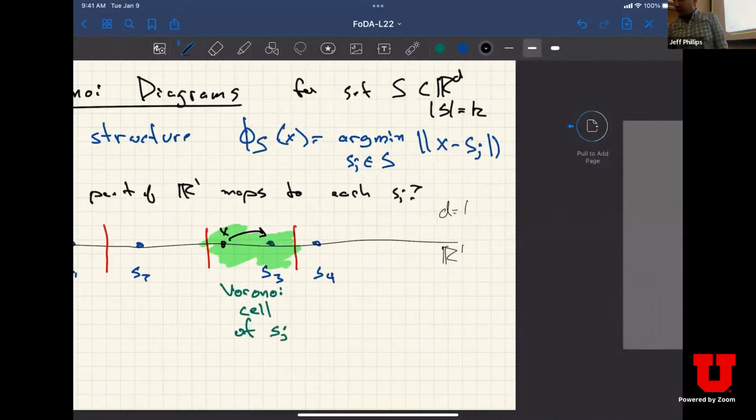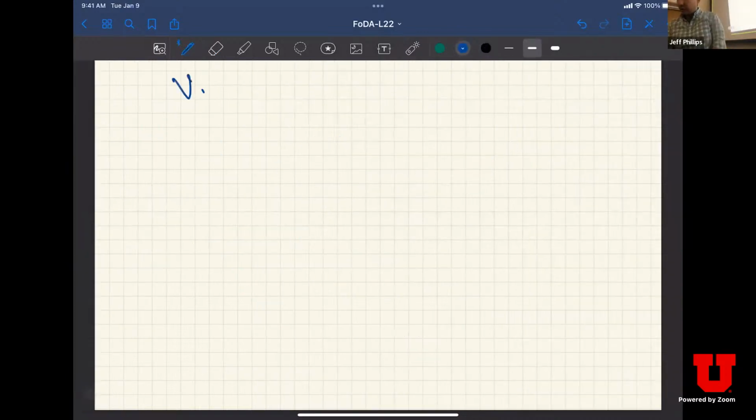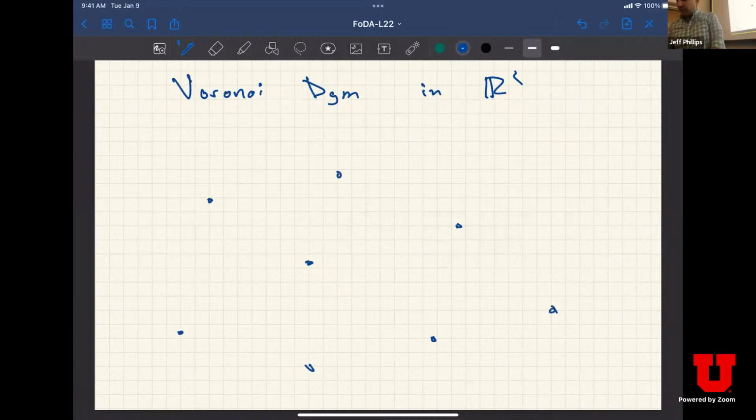If we go to two dimensions, in R2, things start to get more interesting. Let me draw a little bit larger example here. So we have S1, S2, S3, S4, S5, S6, S7, and S8.